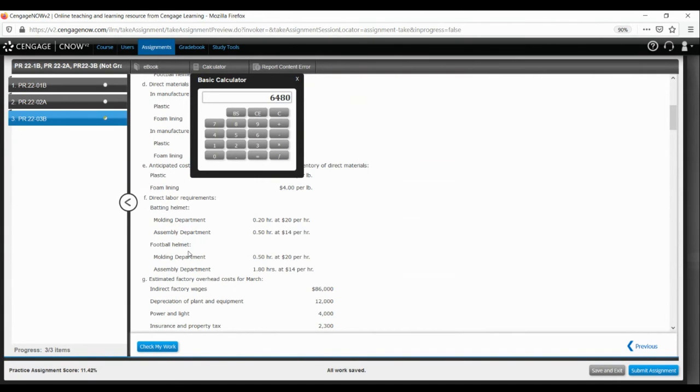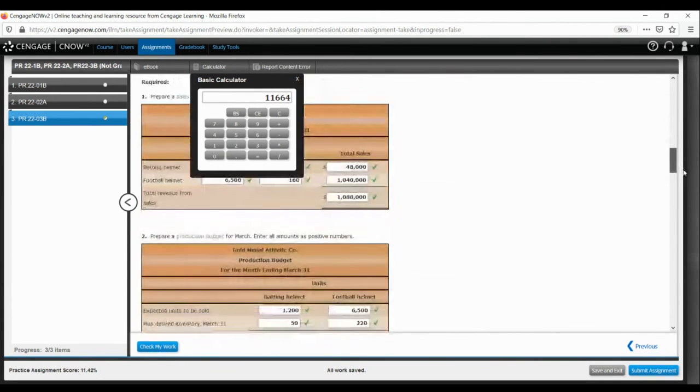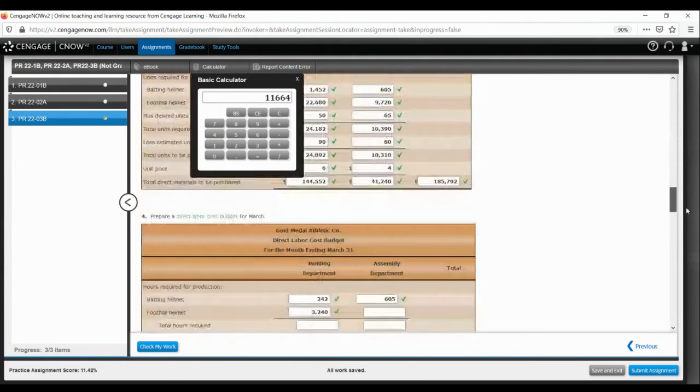And so for the football helmet in the assembly department, it takes 1.8 hours. So we're going to multiply the 6480 times 1.8 hours, and that's going to give you 11,664.